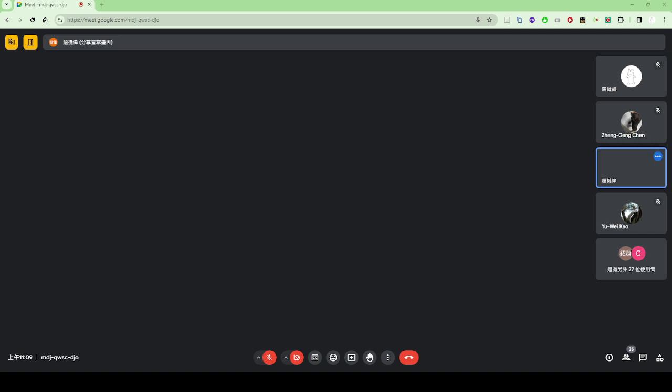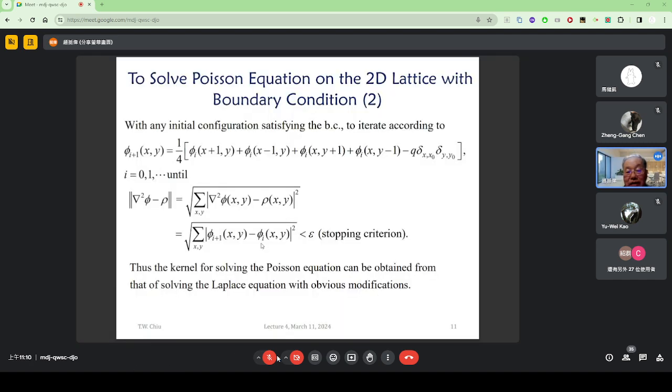Because phi i plus 1 and phi i both have the rho in there, the rho just cancels in the difference. So actually the knot is the same in this case.